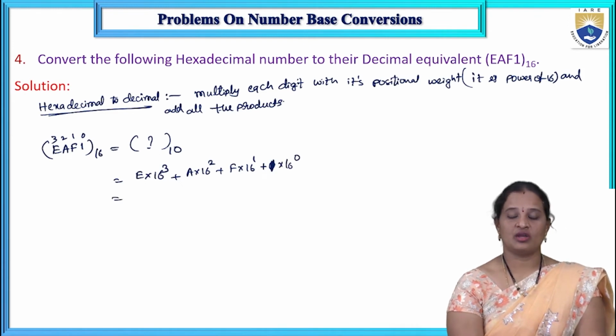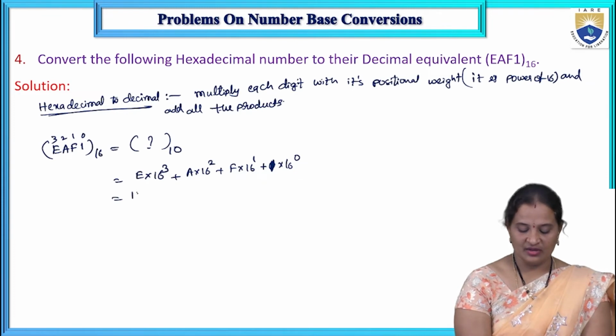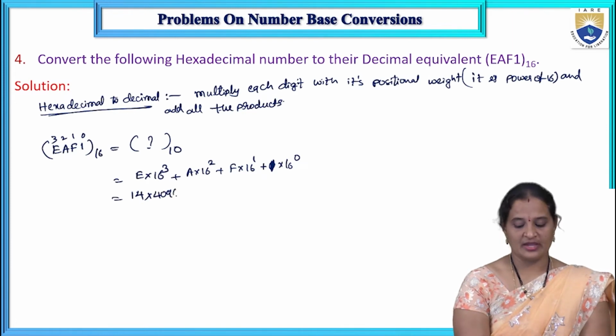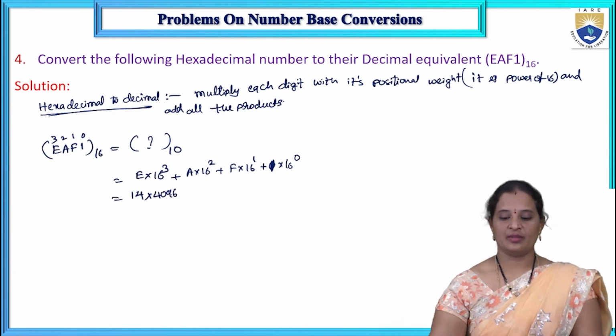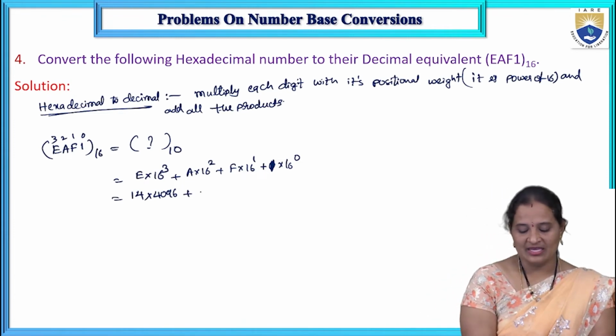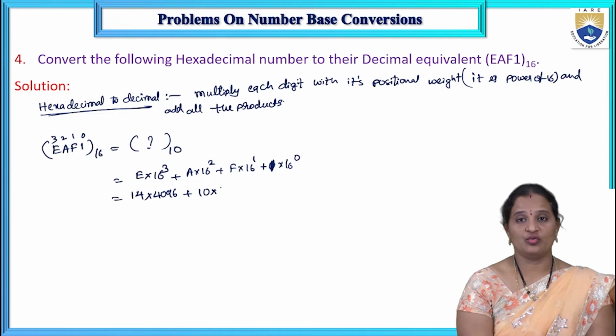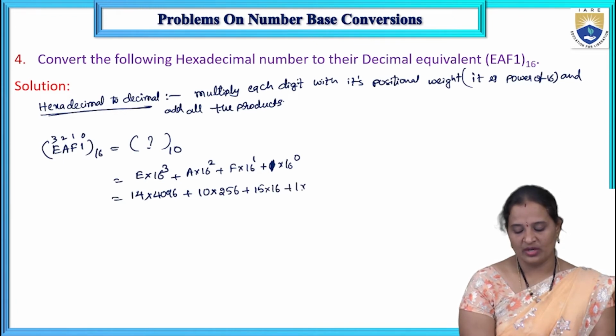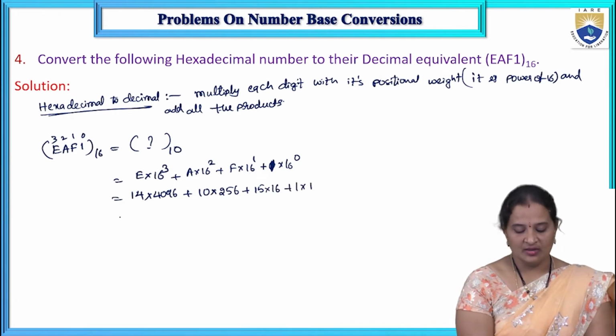E is nothing but 14, into 16 to the power of 3, that is 4096. And then A is 10 into 16 to the power of 2, that is 256, plus F is 15 into 16, plus 1 into 1. So this is the multiplication.